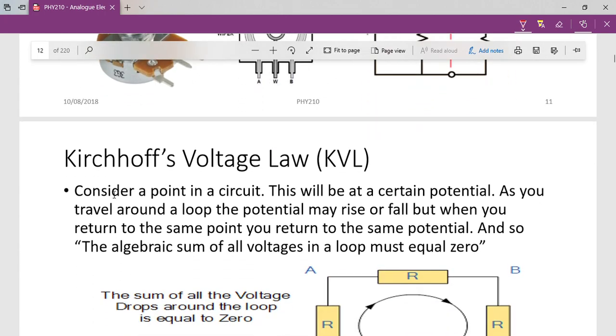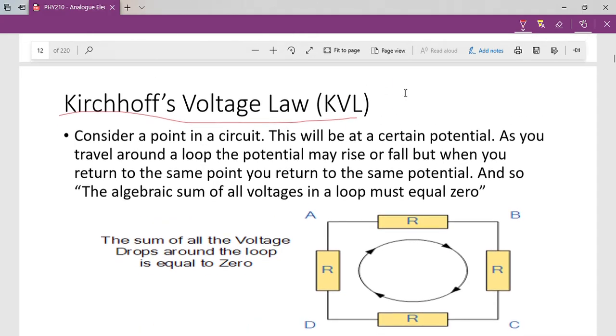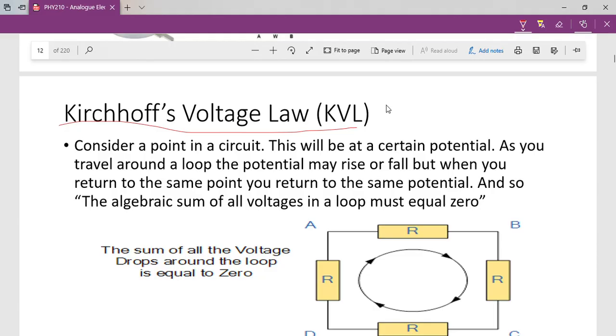Also, let's move to Kirchhoff voltage law, KVL. In Kirchhoff's laws, we have two laws, which are Kirchhoff voltage law and Kirchhoff current law. So let's start with this one, KVL.